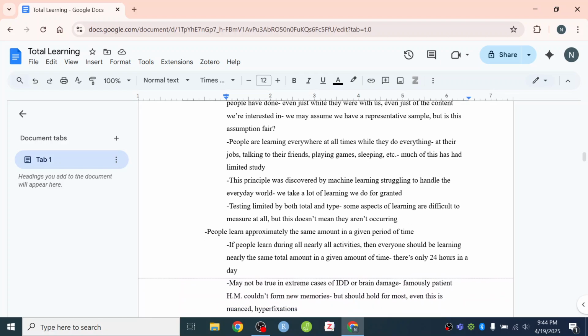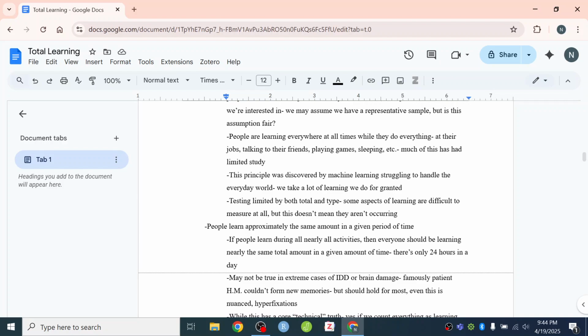Now, this may not be true, this sort of leveling out of total amount of learning. It may not be true in extreme cases of intellectual developmental disability or brain damage. There may be exceptions to this principle. Famously, the patient HM could not form new explicit memories, although he could form implicit memories.